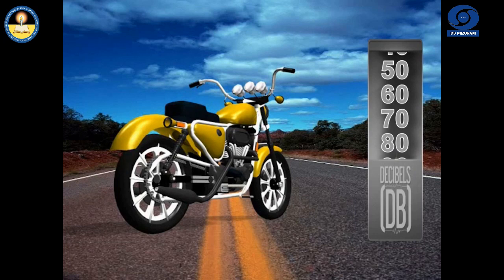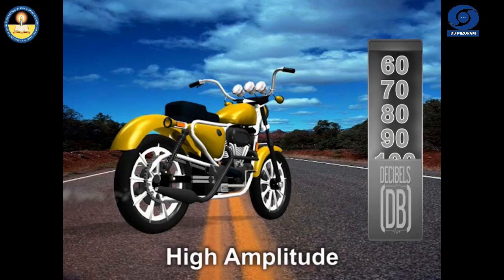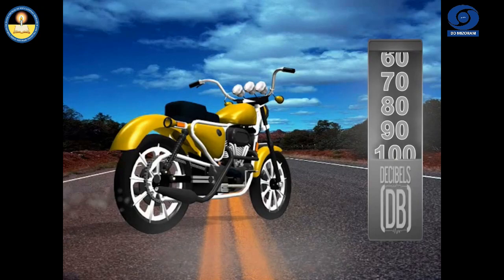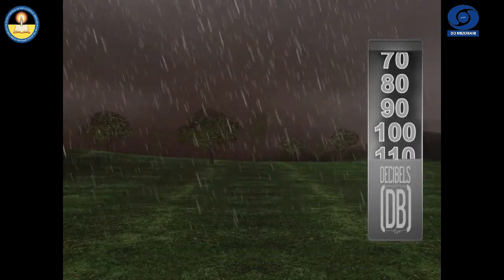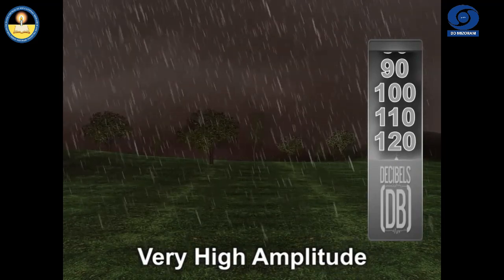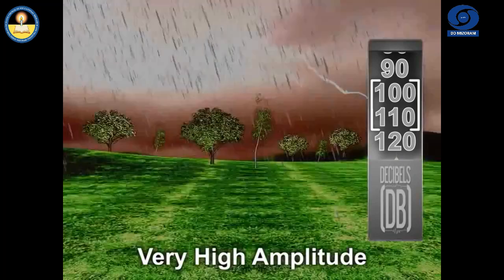Sound of an engine of a vehicle is an example of sound of high amplitude with loudness between 70 to 90 decibels. Sound of lightning is an example of sound of very high amplitude with loudness between 100 to 110 decibels.